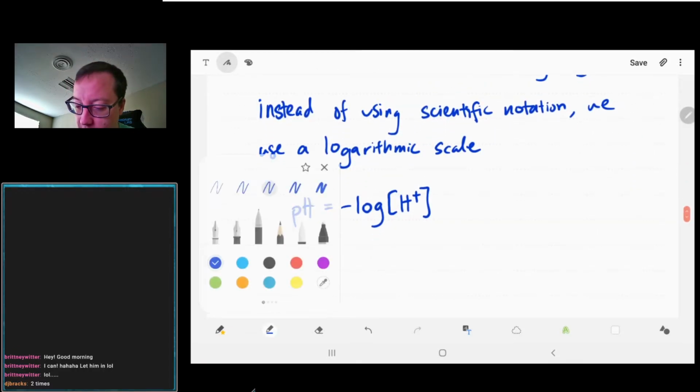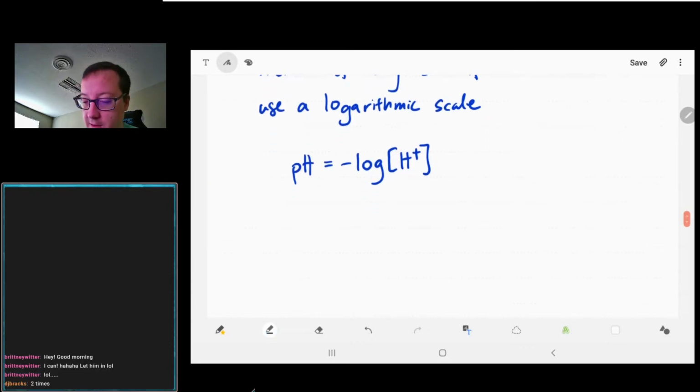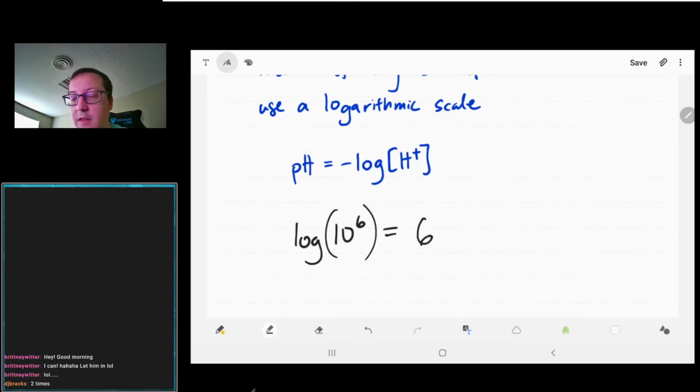So just remember, let's briefly go back to logs. I guess I can put parentheses there. What logs do is they just basically get rid of this exponent function. So it's going to be easy for us to see numbers a bit more easily. We'll be able to interpret them much more easily if we use the logarithmic scale for these very small things.